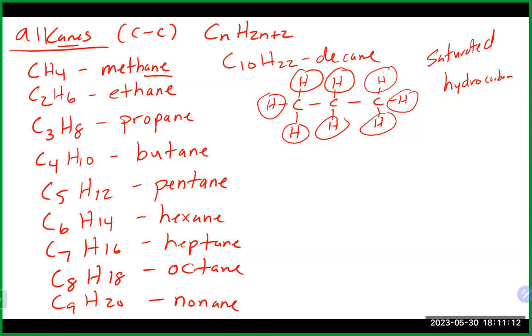Now, one of the consequences of carbon having to maintain the octet rule is that when we make a double bond, for example, we have to do some work with our hydrogens. Let's say we wanted to double bond the carbon on the right-hand side. We would end up with something that looks like this.